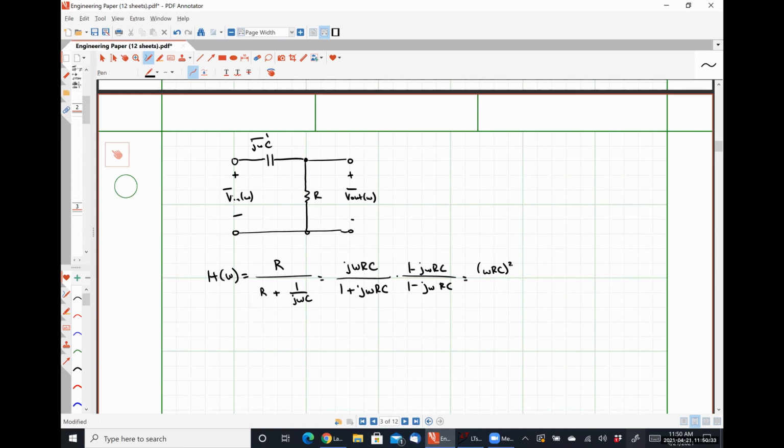Then over here, I'm going to have, let's see, that bit times that bit, plus j omega RC divided by 1 plus omega RC quantity squared.